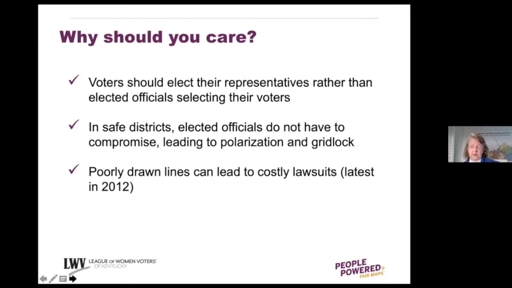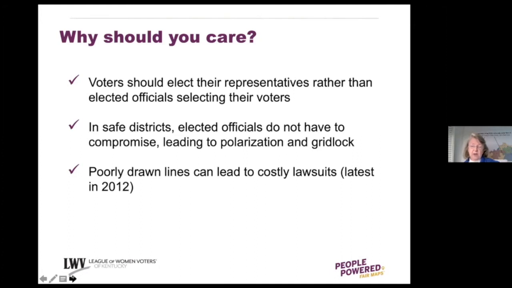If you've got a really safe district, one party is going to choose the candidate for their party in that race, and that generally is the person who is elected. So a smaller number of people are choosing that official, and a lot of people are just left out, including independent voters who are not registered as a Democrat or a Republican.